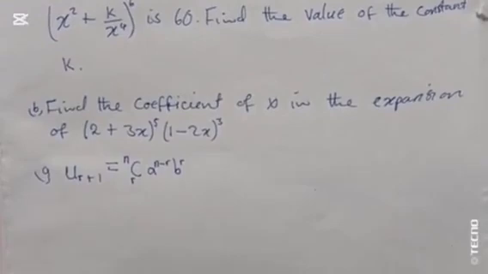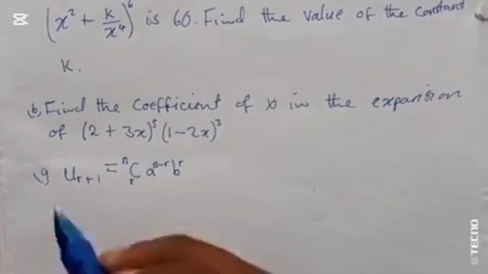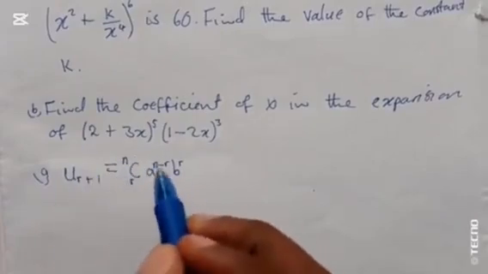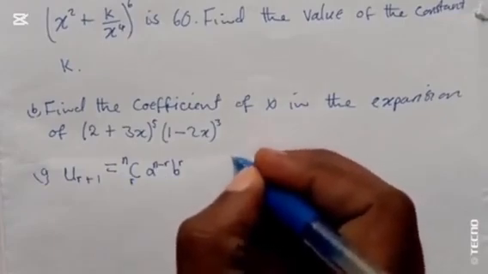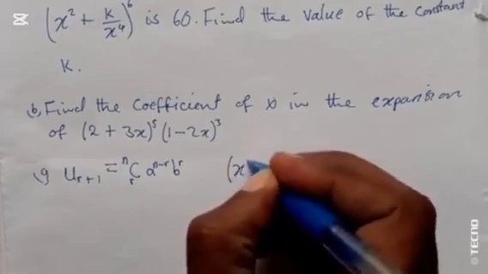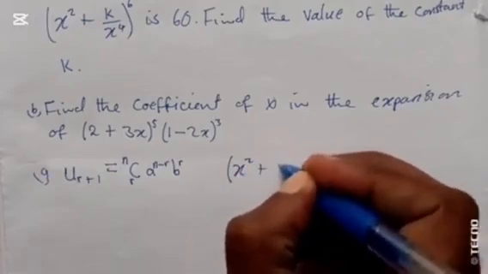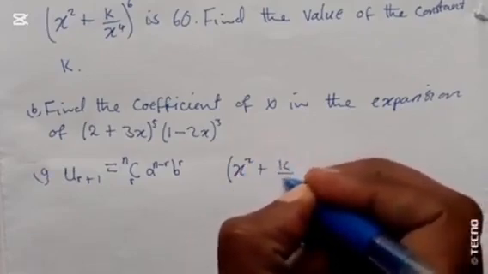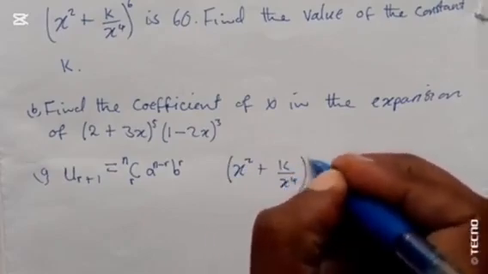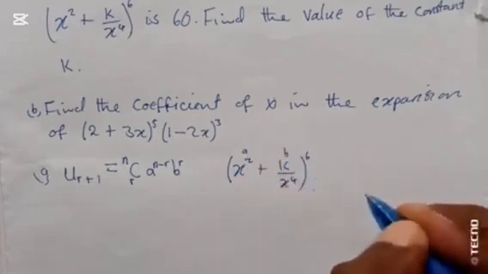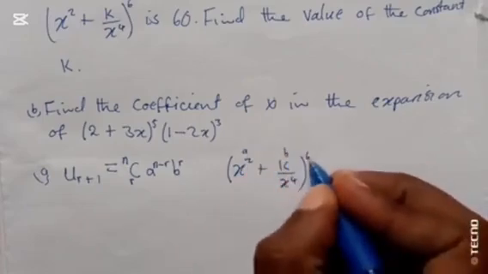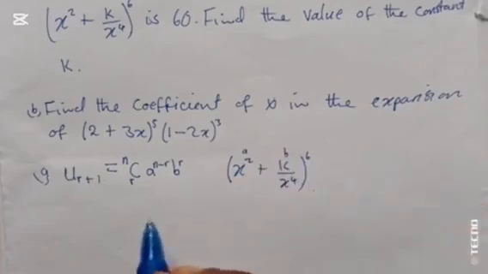We'll use the expansion, which is (x squared plus k over x to the power 4) to the power 6. This is a and this represents b. Then 6 represents n. What we don't have is r.